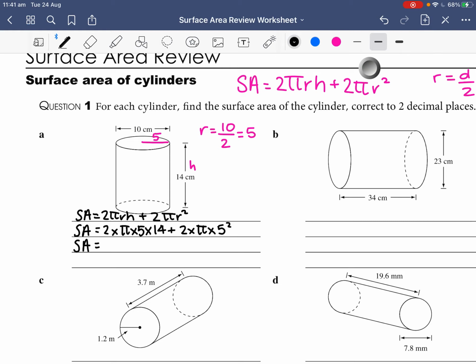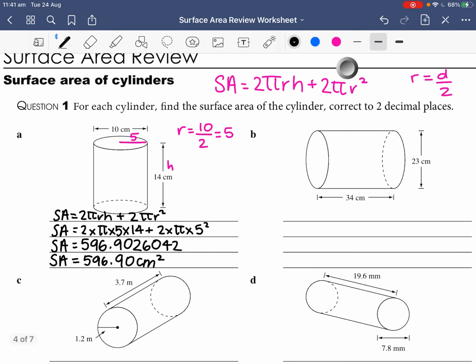We put this into our calculator, so we get 2 times pi times 5 times 14 plus 2 times pi times 5 squared. On our calculator, we get an answer of 596.9026042. We are rounding this correct to 2 decimal places, so it will be 596.90 centimeters squared.